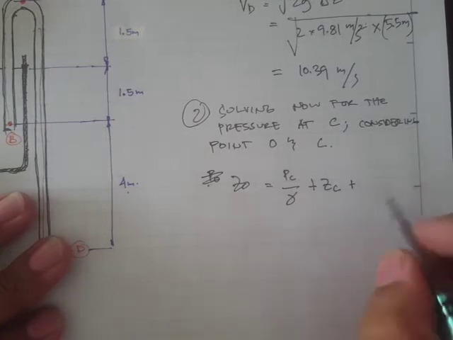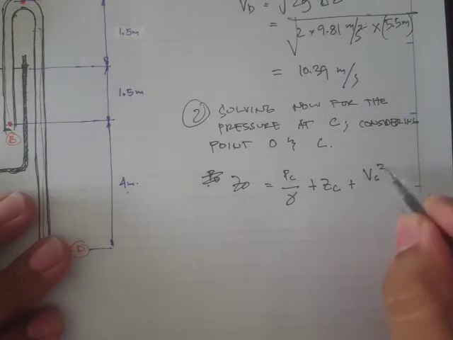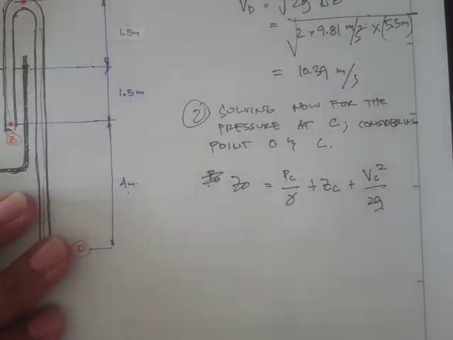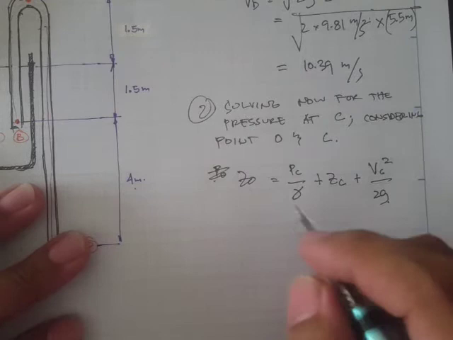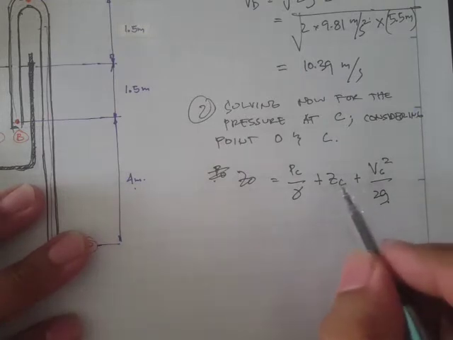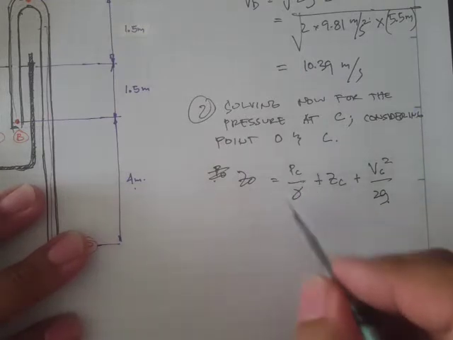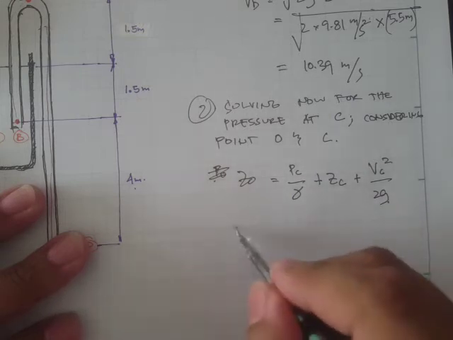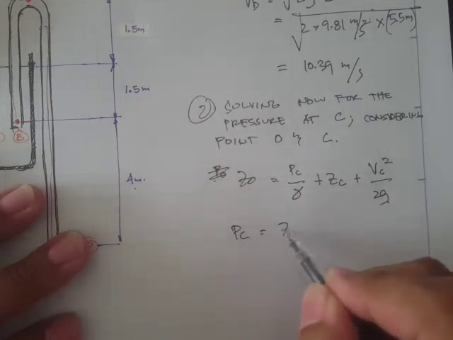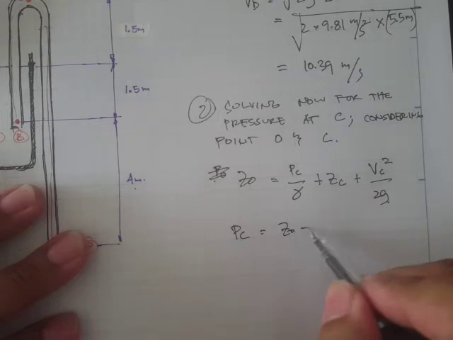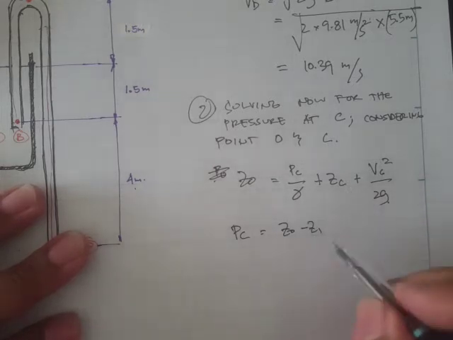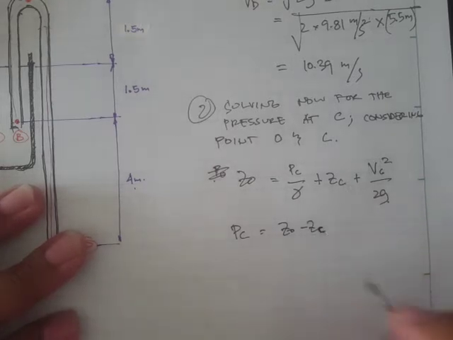Plus the velocity head, V_C squared all over 2g. Okay, now let's isolate this term, P_C. Therefore, P_C is just simply the elevation Z_O minus Z at point C, the elevation at point C.